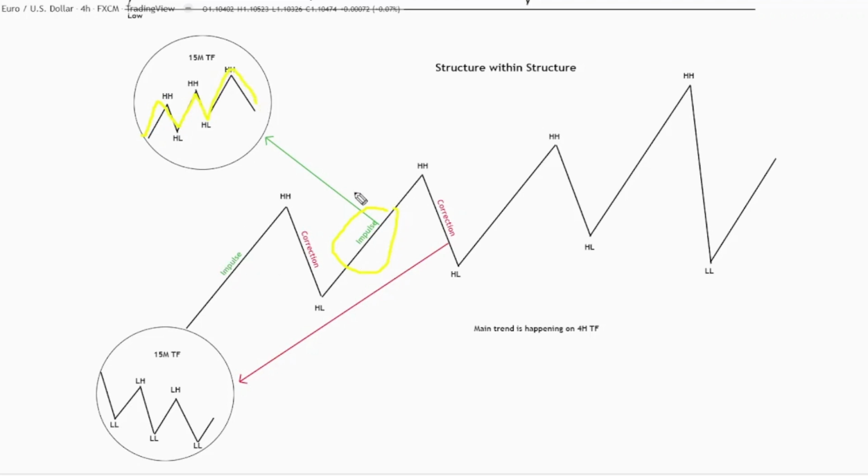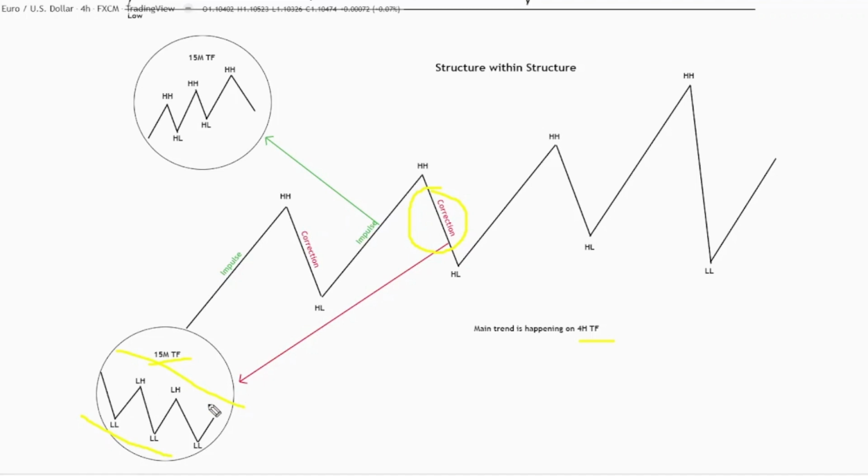Now if you highlight an impulse move on a bigger time frame and go look at that move in a smaller time frame, you'll see that that impulse move, if you are on an uptrend, will be a bullish market structure. However, when you are in a correction move on a bigger time frame and you highlight that correction move, when you move to a smaller time frame, that correction move will look like a bearish market structure.